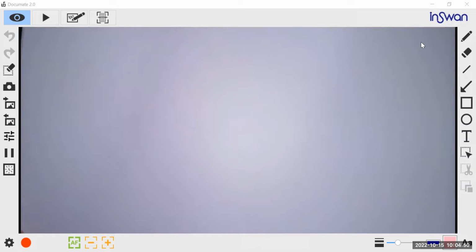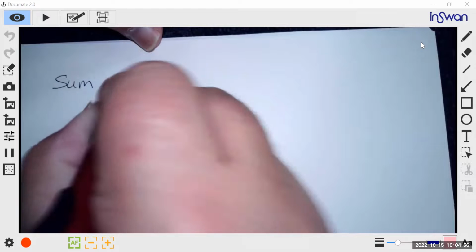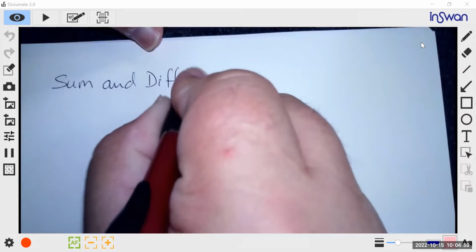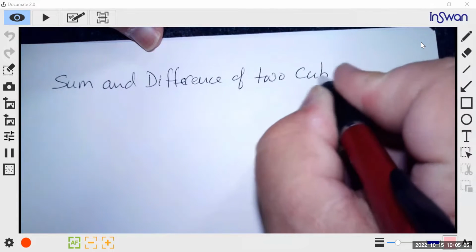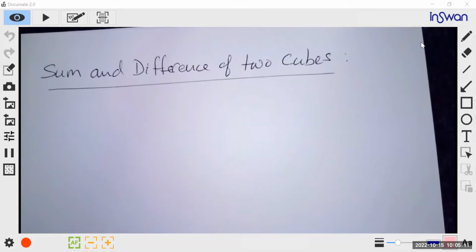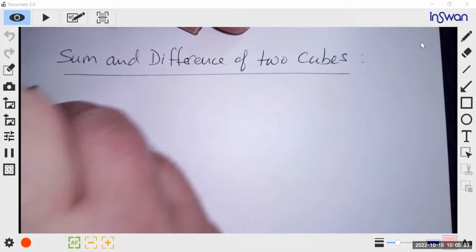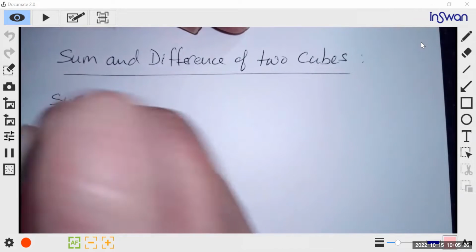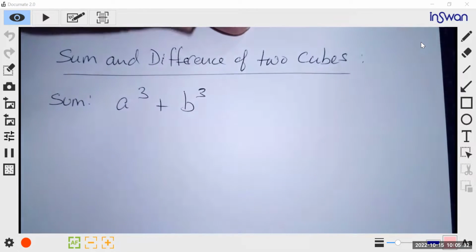The next ones are the sum and difference of 2 cubes. The sum of 2 cubes means this: a cubed plus b cubed.